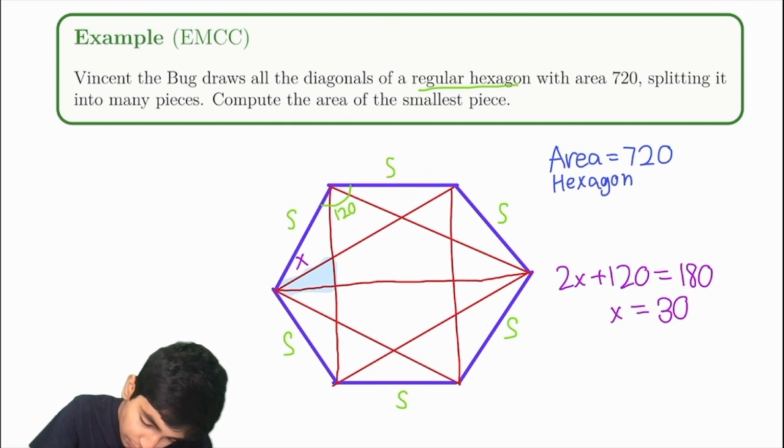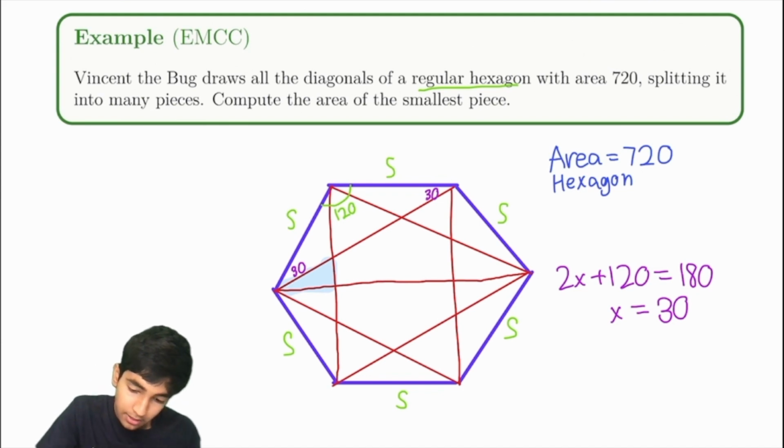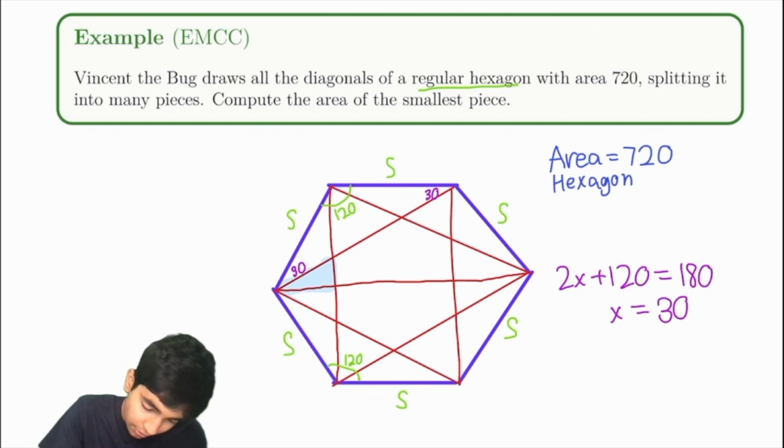So each of these angles over here is 30, and this angle over here is also 30. Now notice something. This over here is the exact same triangle. S, this angle over here is 120, so we get the exact same thing. By isosceles triangles, these 2 angles are both 30. So 30 and 30.